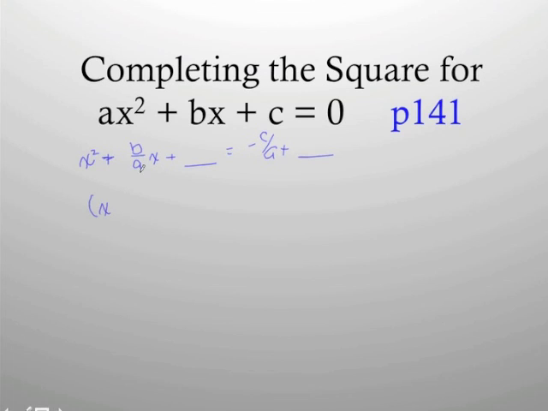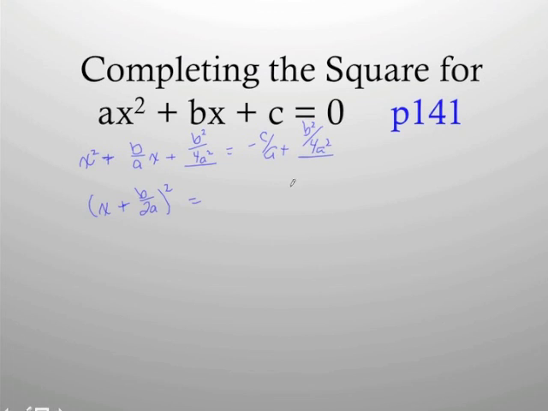x, half of b over a is b over 2a, squared. b over 2a squared is b squared over 4a squared. So we add that to both sides.